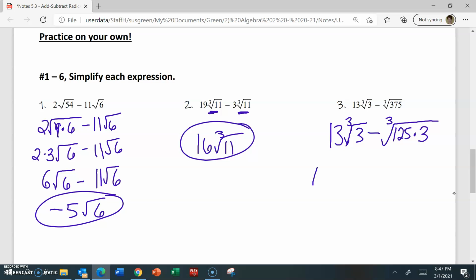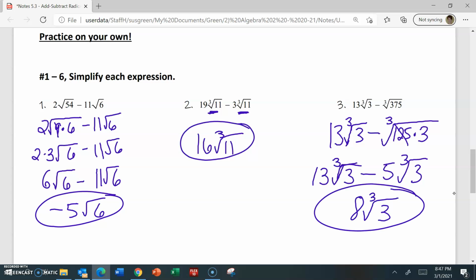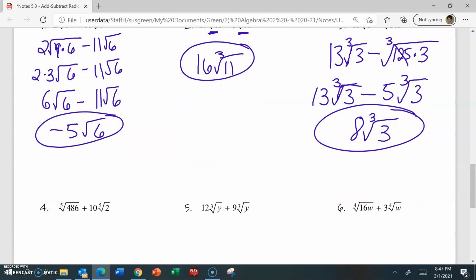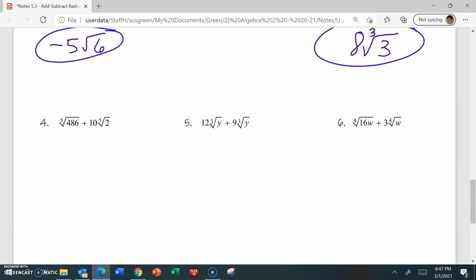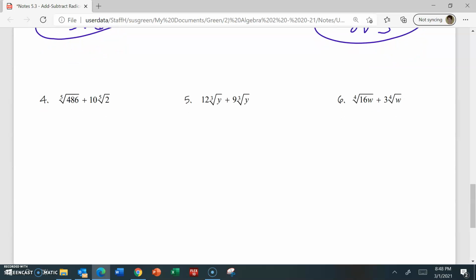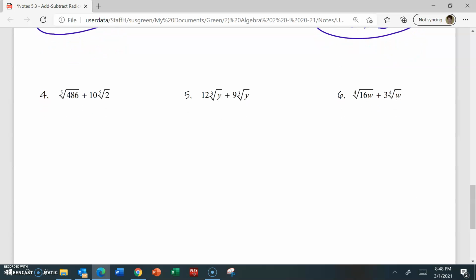So I'm going to have 13 cube root 3 minus the cube root of 125 is 5 cube root 3. So 13 cube root 3s minus 5 cube root 3s is 8 cube root 3. And hopefully you got that. All right. The last 3, and then we'll move on. Or you can move on and make sure you're reading the agenda to see what's next.